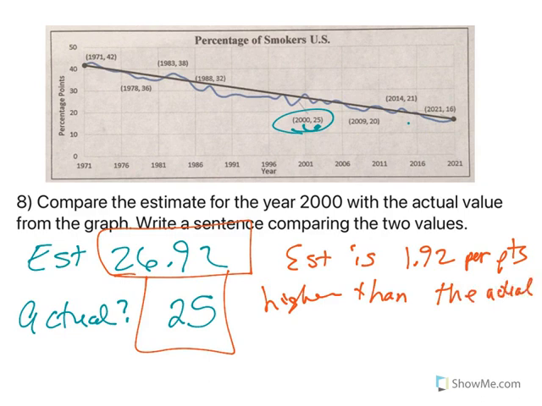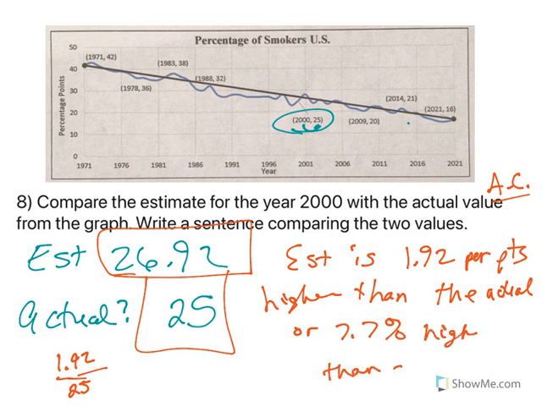That is absolute change. If you wanted to use relative change, you would take that 1.92 and divide by the old, which would be the actual, or you could say the estimate is 7.7% higher than the actual. Whether you want to use absolute change or relative change is up to you.